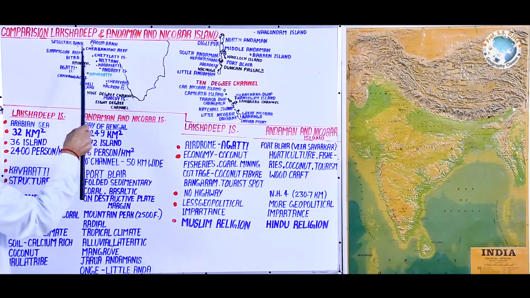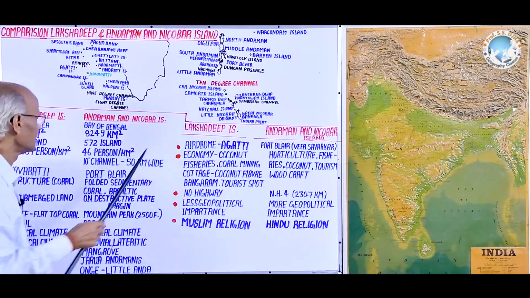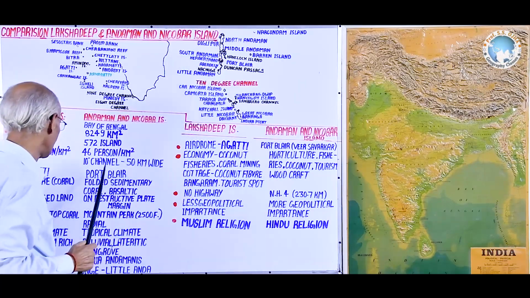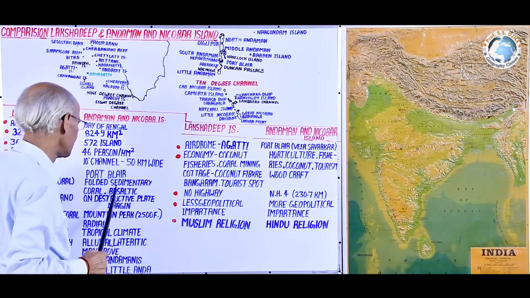Structurally, the Lakshadweep group of islands is made up of corals. As we know, here the water is shallow, so there is a good possibility of development of coral. Contrary to it, the group of Andaman and Nicobar islands has a folded sedimentary structure.